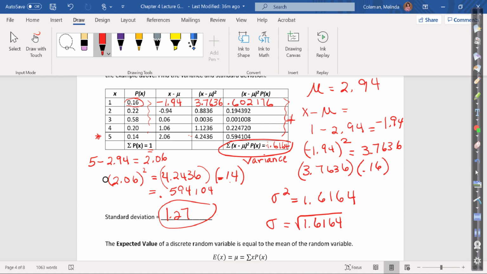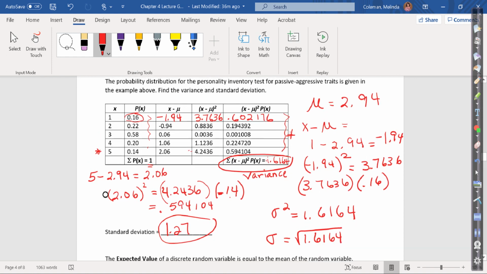So what this tells me again is if I'm looking at a bell curve, the average score that the 150 people took was equal to 2.9 with a standard deviation of 1.27. So that 2.9 is in the middle.